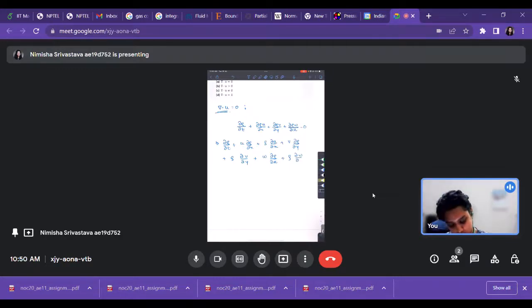So these are all of my terms equal to 0. This is just my continuity equation for mass continuity. This must necessarily be true for any flow.